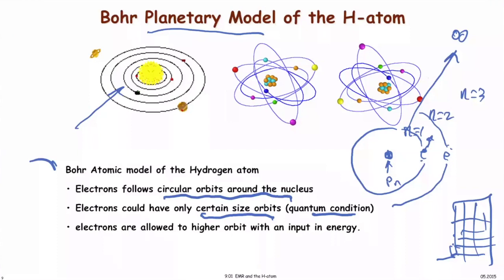Electrons are allowed to go to higher orbitals, but they can't go to orbitals that don't exist, like 3.5 or 3 3/4. They can go to 4, they can go to 3, but they can't go in between. So that's the model of Bohr's atom, and that's part of quantum mechanics.